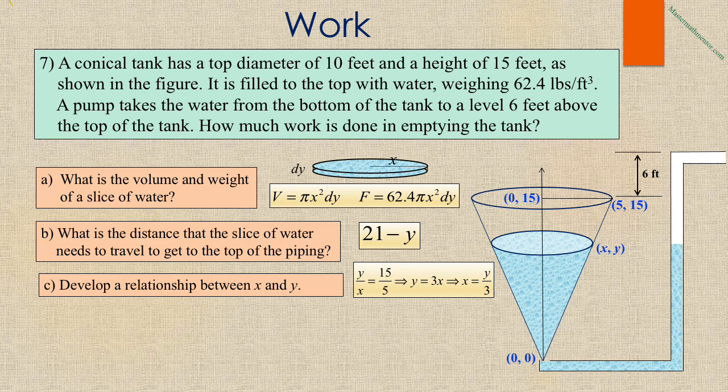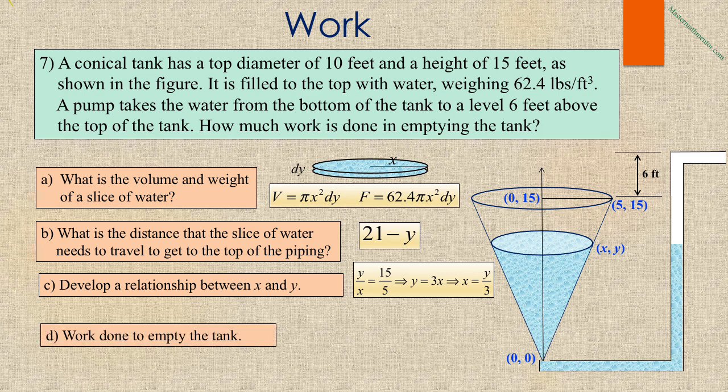We set up a proportion between the height and radius, y and x, of the smaller right triangle and the larger one, 15 and 5. So y over x is equal to 15 over 5, and y is equal to 3x, or x is equal to y over 3. We prefer our variables in terms of y.